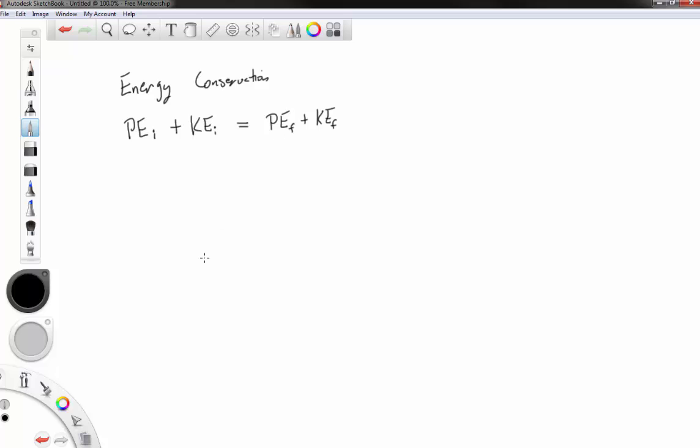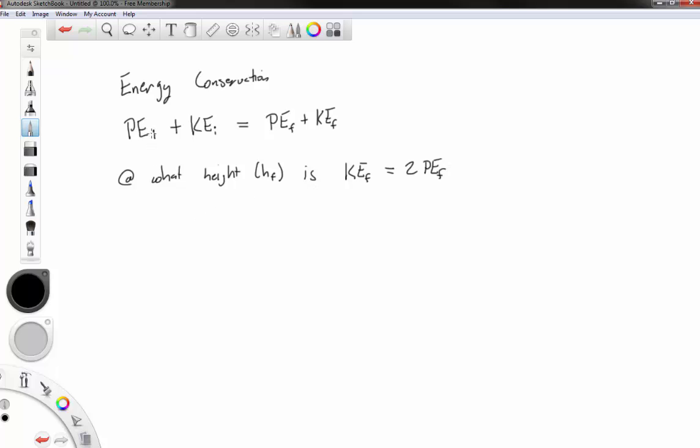So I'm using f for final. Okay, so the question here is, at what height, we'll call it h final, is the kinetic energy twice the potential energy? So this is how that is expressed as an equation.